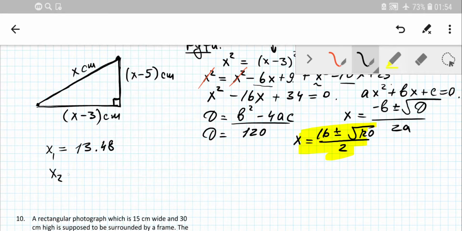What about x2? If I swap the sign for minus, I get the second solution, 2.52. That's the result correct to 2 decimal places.